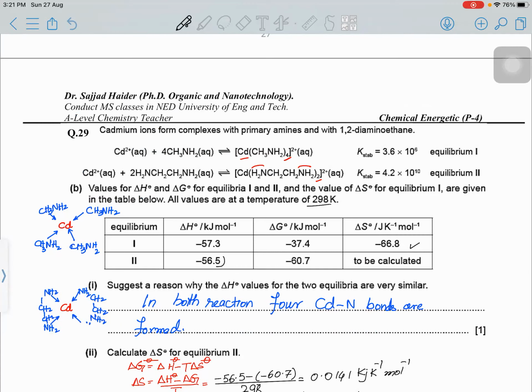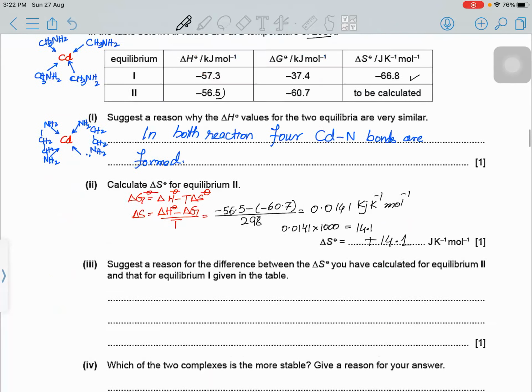Hmm. So you know that if the entropy value is low, low value means more stable. So which one has more delta S? Equilibrium 1 or equilibrium 2? Equilibrium 1 has the lower value, minus 66.8, and equilibrium 2 has plus 14.